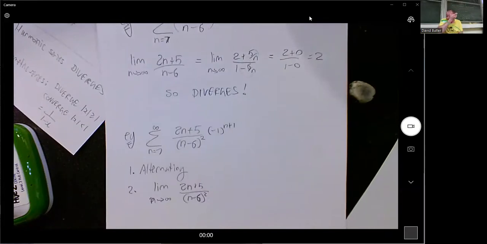So I'm going to divide by the biggest power of n that I see, which is n squared, because if I did expand this out, it would be an n squared. I'm just going to divide by n squared.